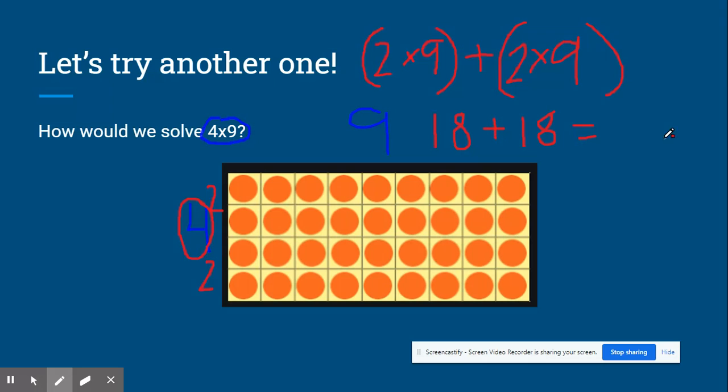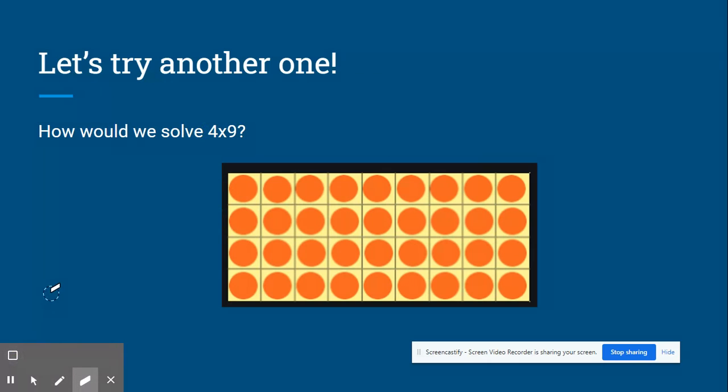I know 8 plus 8 is 16. So I'm going to put my 6 down in the ones place. But in the number 16, I know that there is a 10 that has to go with my other 10s. So now I have 10, 20, and then that 30 from when I brought the 10 over. So there I go. 4 times 9 is 36. Pretty easy, huh? Let's try another one because I know you guys can do it.